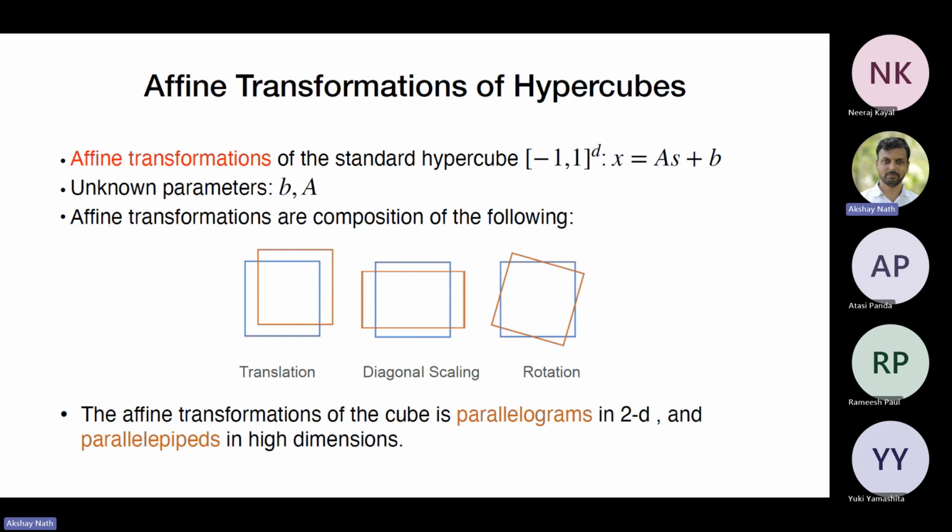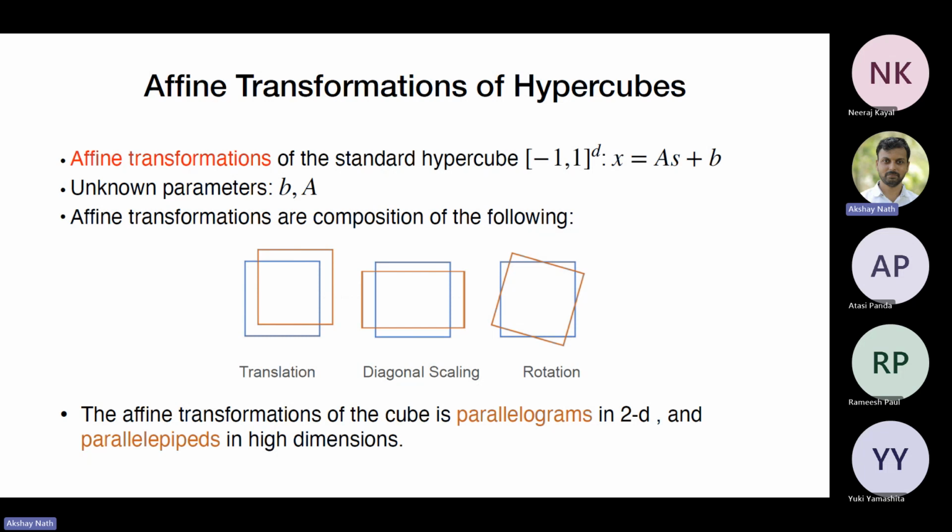These are the things we don't know. The only thing we know is that we have samples after transformation, those x. We know x are from the transformed standard hypercube, but we don't know what the underlying points s are exactly, just that they are uniform from the hypercube.